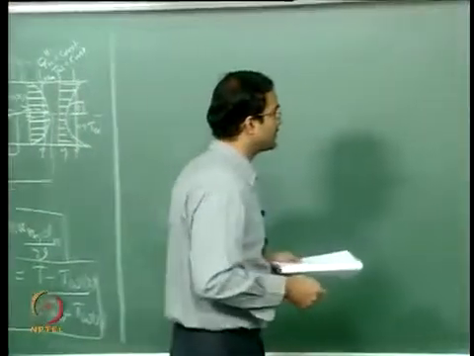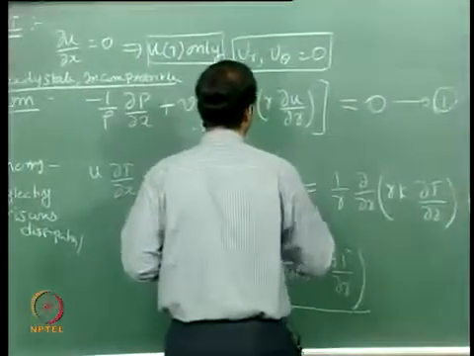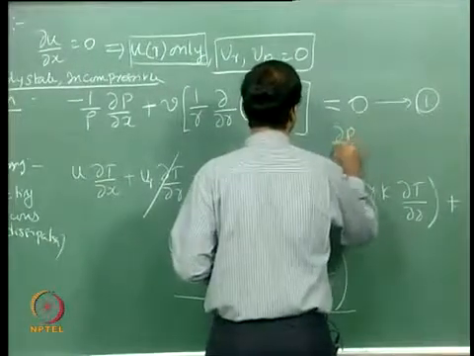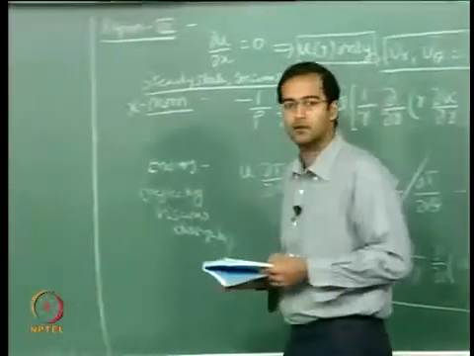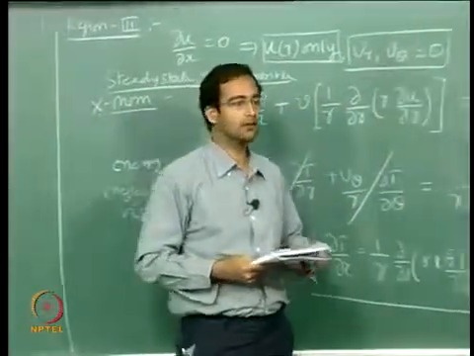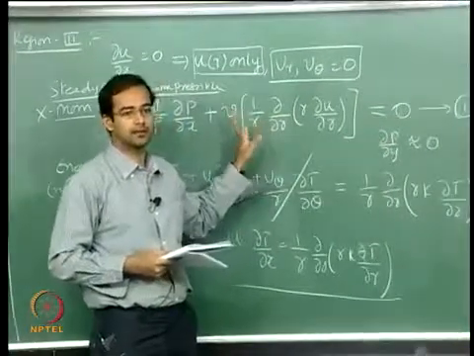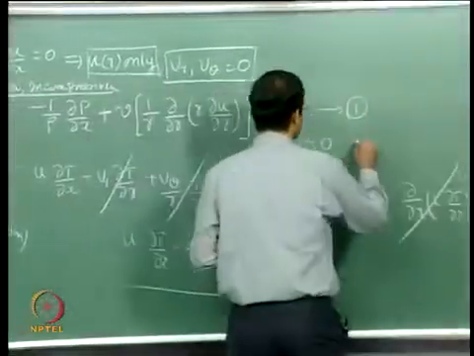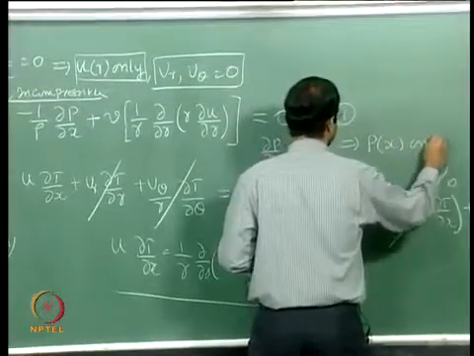Also, when you write down the y momentum equation, it comes out that dp by dy is approximately 0 because all the other terms are negligible, right. So p is invariant of y, it is only a function of x. Okay, so this is the conclusion.